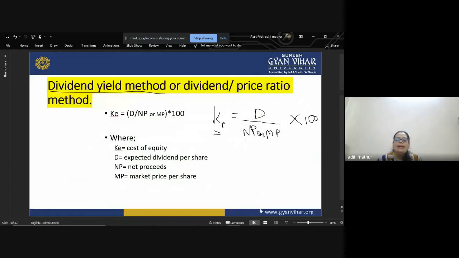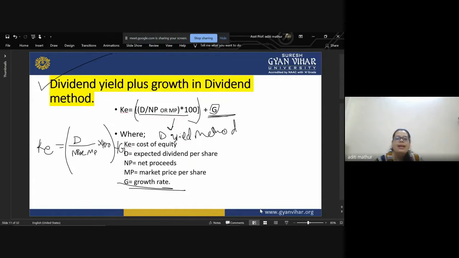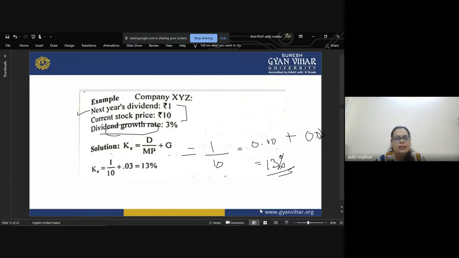To calculate KE with the help of the dividend yield method, it is dividend per share divided by net proceeds or market price per share into 100. Then the dividend yield plus growth method is dividend per share divided by net proceeds or market price per share into 100 plus capital G, that is your growth rate.